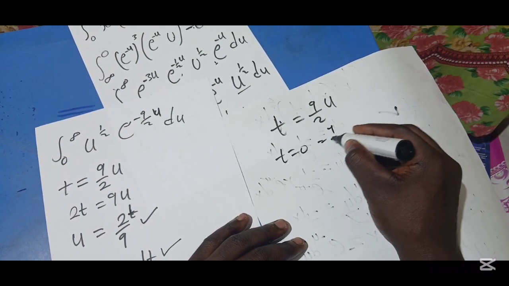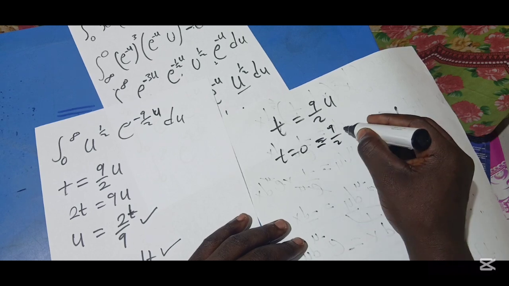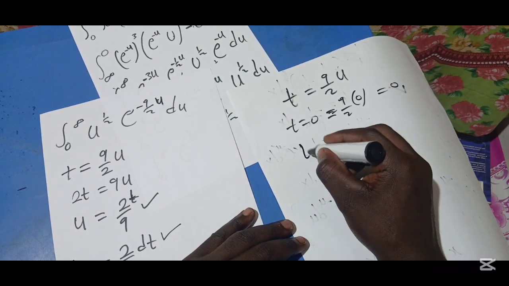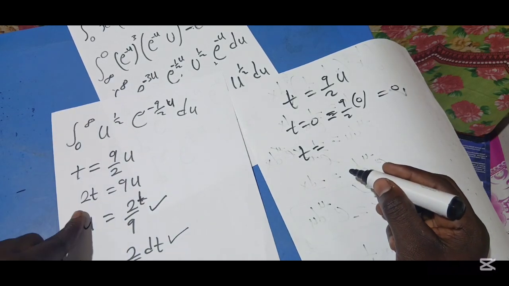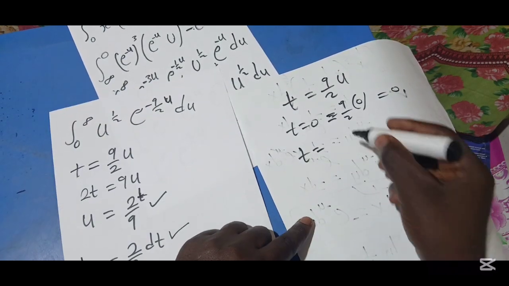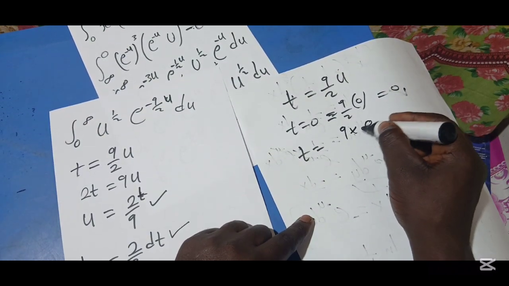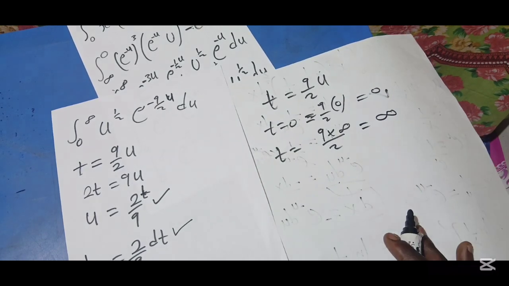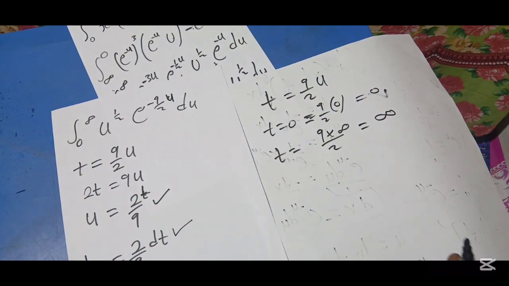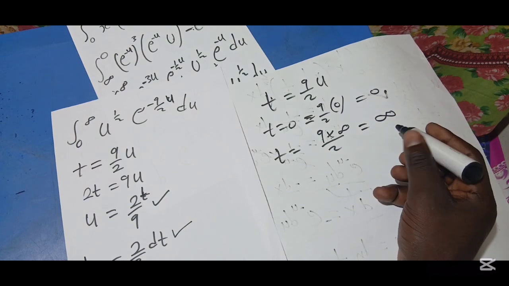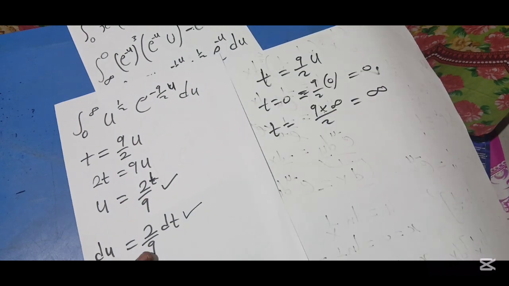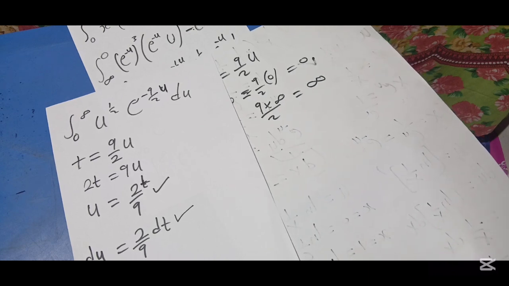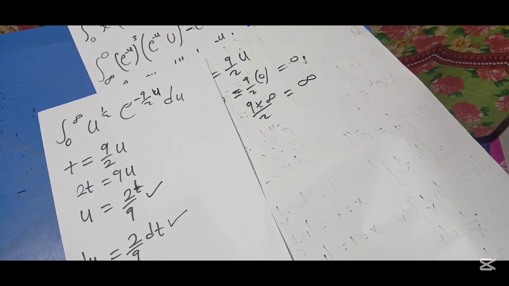I'm going to get 9 on 2 multiplied by 0, which gives me 0. When u equals infinity, I'm going to get 9 multiplied by infinity, all on 2, which gives infinity. Any non-zero number multiplied by infinity will definitely give you infinity. So I have no problem with my limits, and I can go ahead and do my substitution.